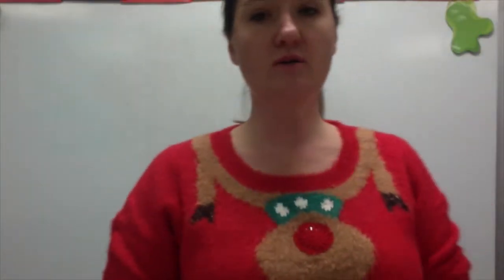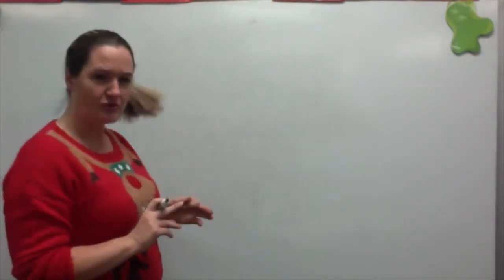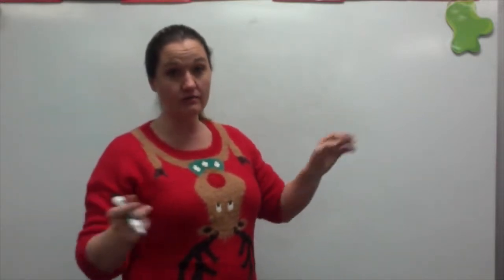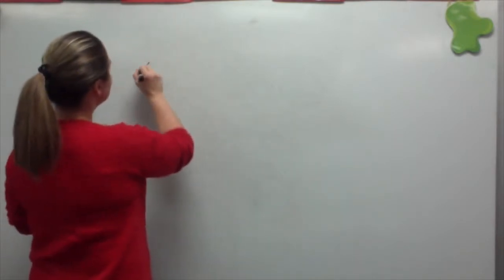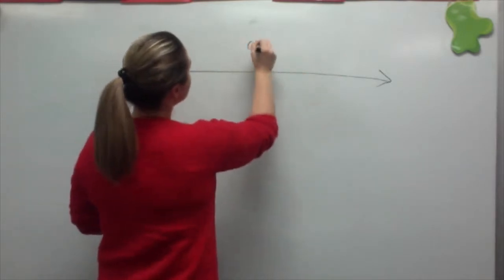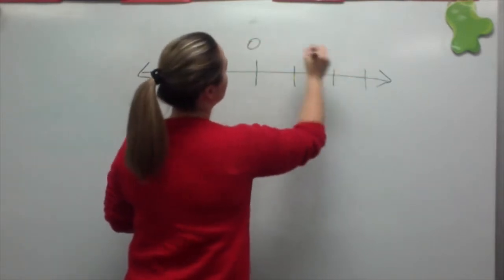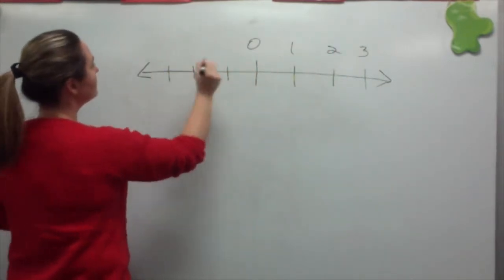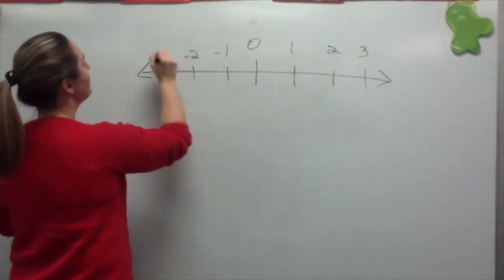In this section we're going to be talking about a few vocabulary words. First of all, an integer, any whole number, positive or negative. Opposites. Let's draw out a number line just to give us something to start with. 0, 1, 2, 3. Since we're working with integers, we are going to be working with negatives quite a bit.